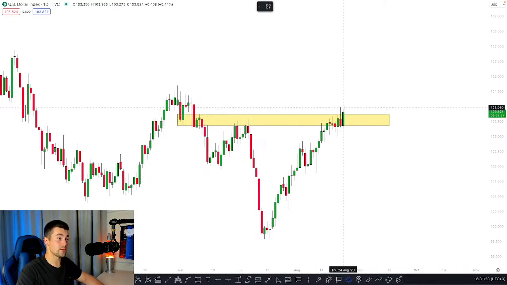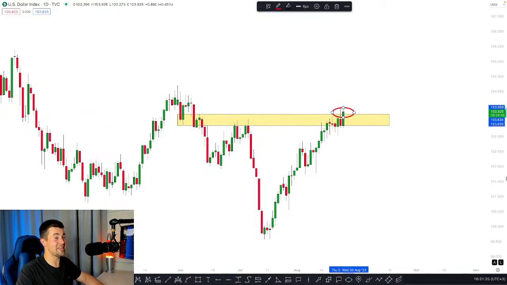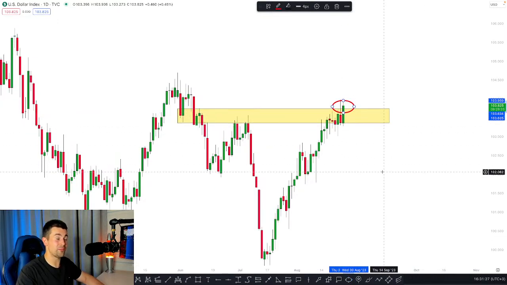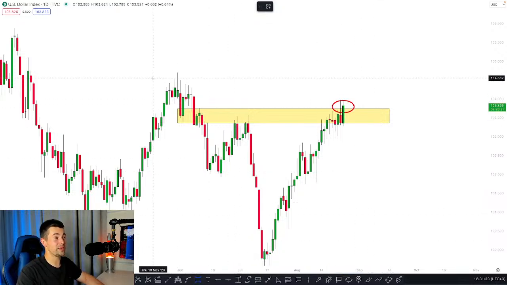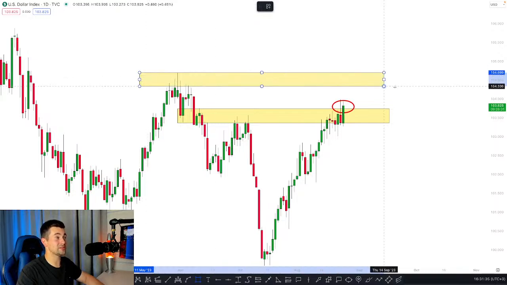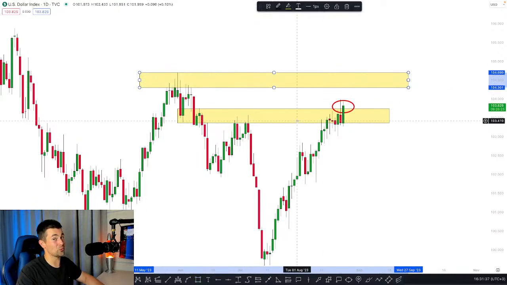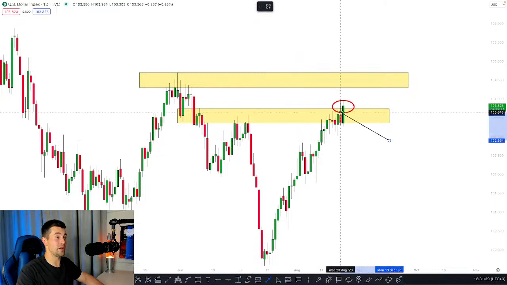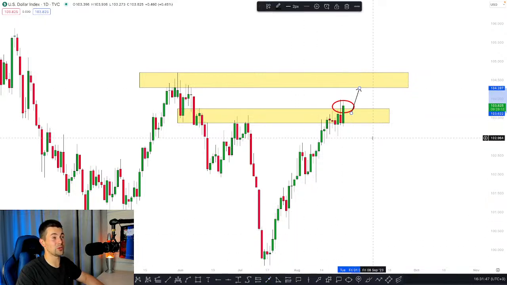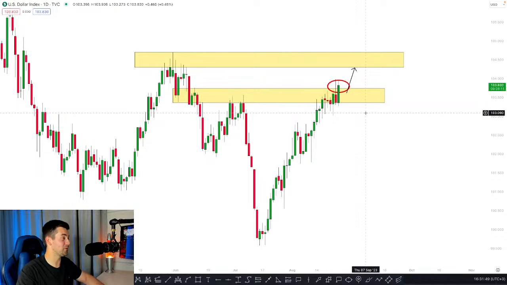And of course, a daily candle close above this one will be a strong bullish signal, and that will indicate that the index will keep growing to that horizontal resistance. So my advice to you is to wait for the daily candle close above. Then the market will most likely go higher.